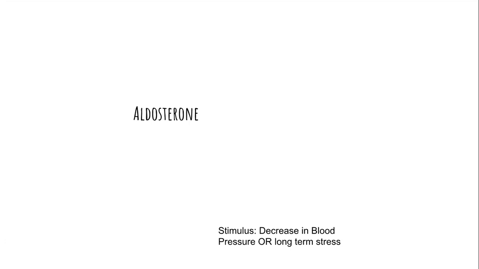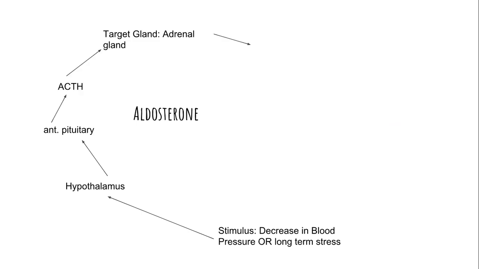So what's our stimulus? All of a sudden we have a decrease in blood pressure. This is also connected to long-term stress. The hypothalamus then tells the anterior pituitary, hey, we've got a problem. So the anterior pituitary releases ACTH, like we already know it does, and it targets the adrenal gland.